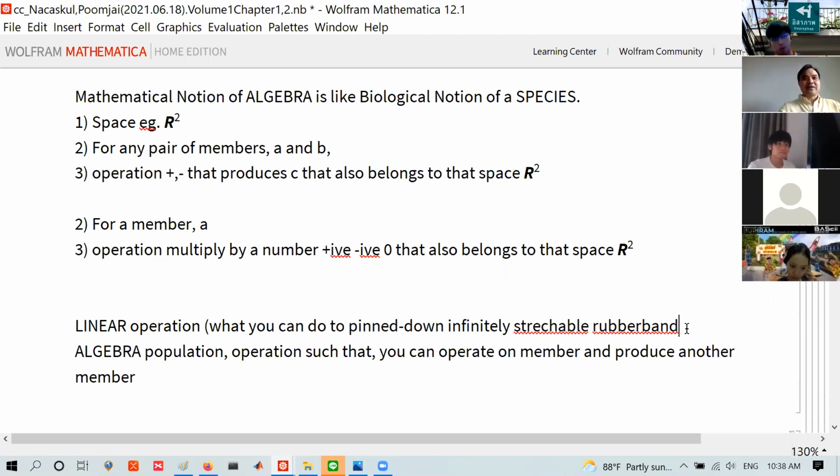Let's make it plural, so you can have more than one. Algebra is the notion of a population where you have an operation and you do something that still belongs to that population. So put that together.